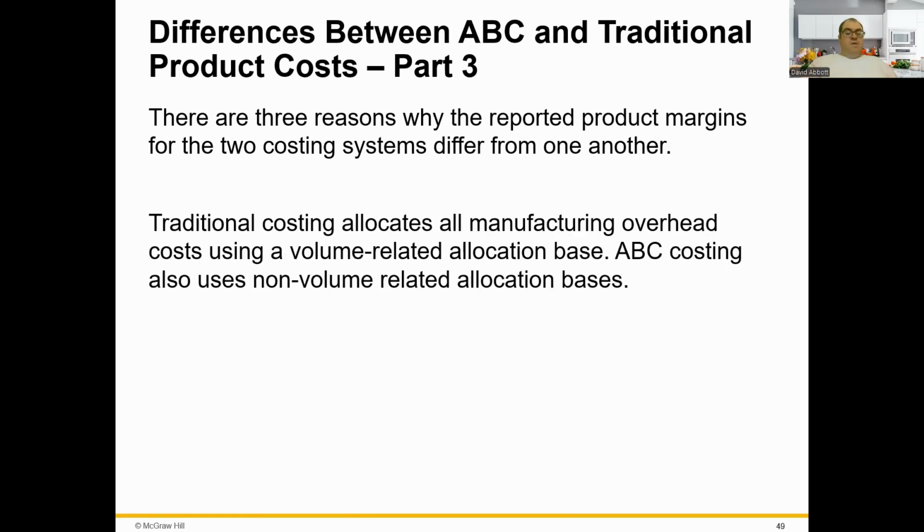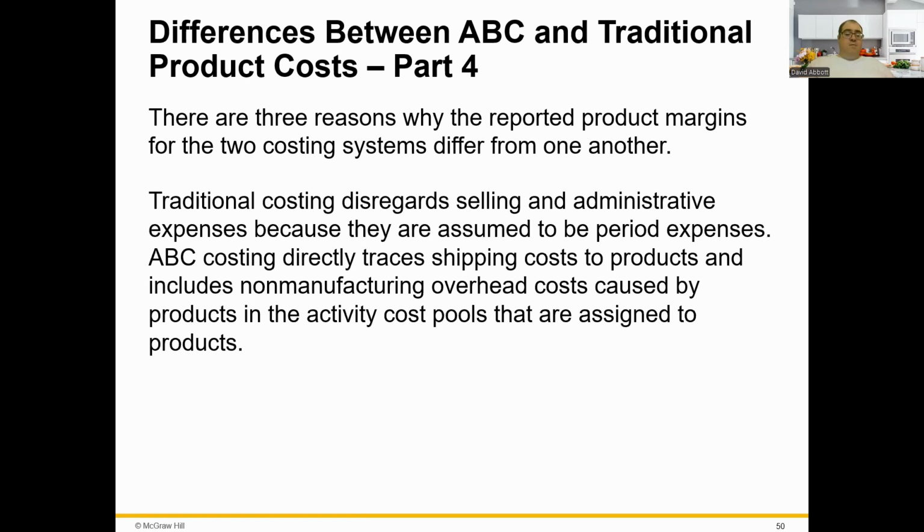The ABC system assigns 0 and 100% of product design activity cost, a product level cost, to Sure Starts and Long Lives, respectively, because the Sure Starts don't need any design work, but the Long Lives require all of the design work. So you're allocating it specifically to each different product line.